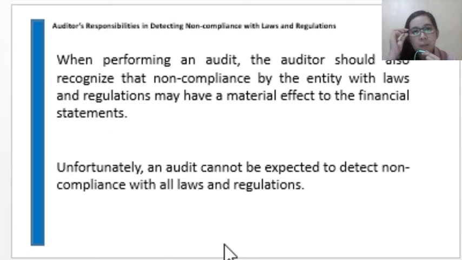Okay. Another is, unfortunately, an audit cannot be expected to detect non-compliance with all laws. The auditor is only concerned with non-compliance that has the effect of misstating the FS. Okay, and again, it is not the responsibility of the auditor to detect all non-compliance.